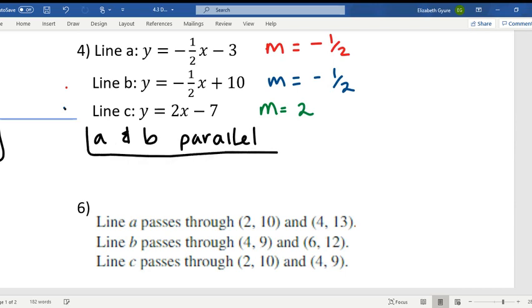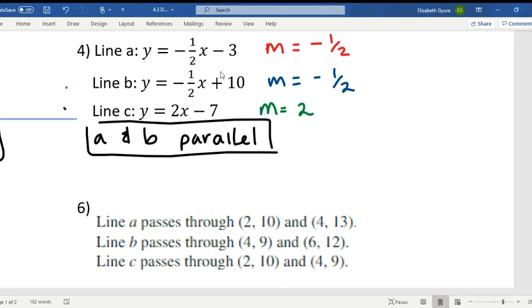Okay. But are there also some that are perpendicular? Alex? Yeah. If you take a look, a lot of people notice that B and C were perpendicular, I think because they're right next to each other. Aren't they opposites? Aren't they reciprocals? But wait, wouldn't A then also have to be perpendicular to it, because isn't A the same as B? Yeah.